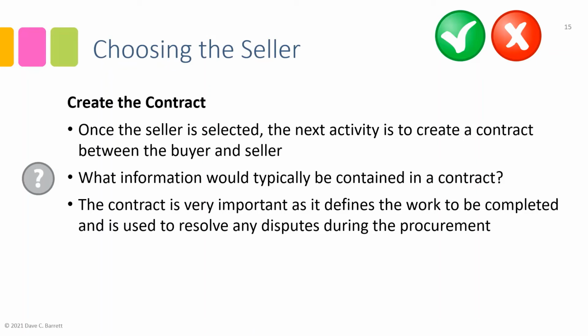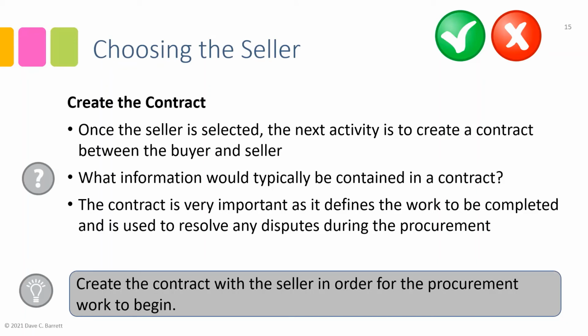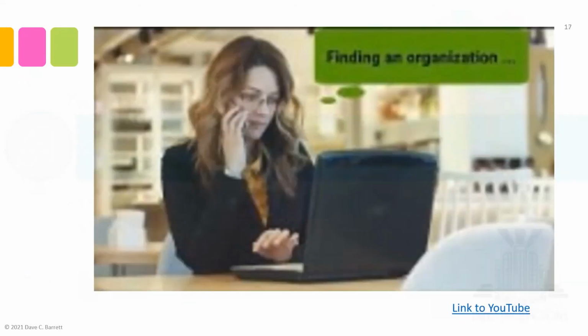Everything is according to the contract. So a key document, not one that should be done necessarily quickly and without deep thought. So key idea: create the contract between the buyer and the seller in order for the procurement work to begin.